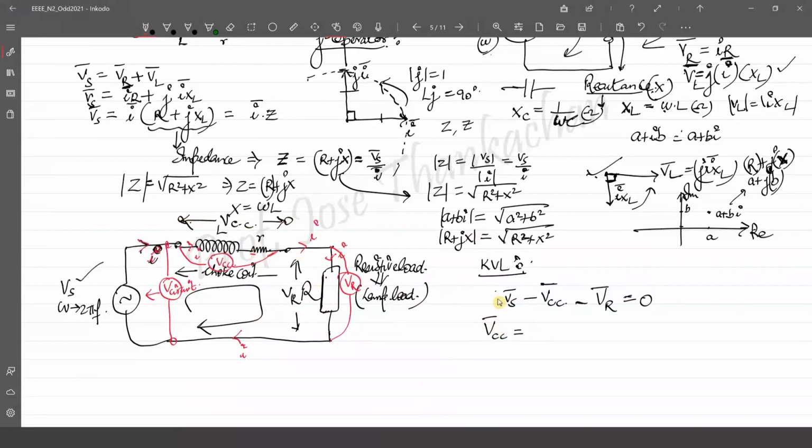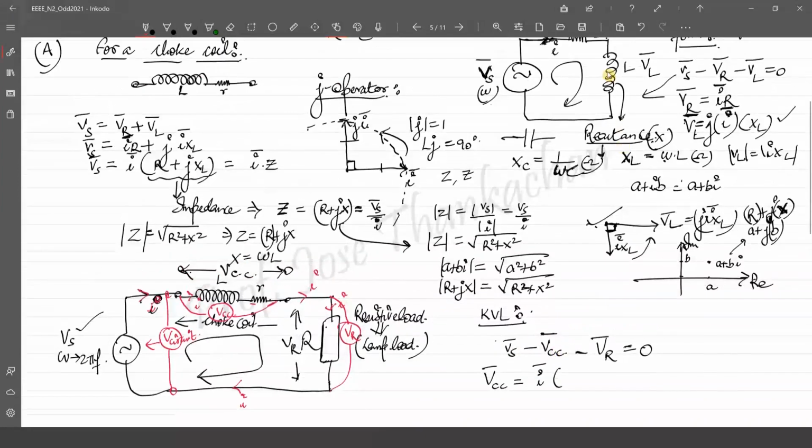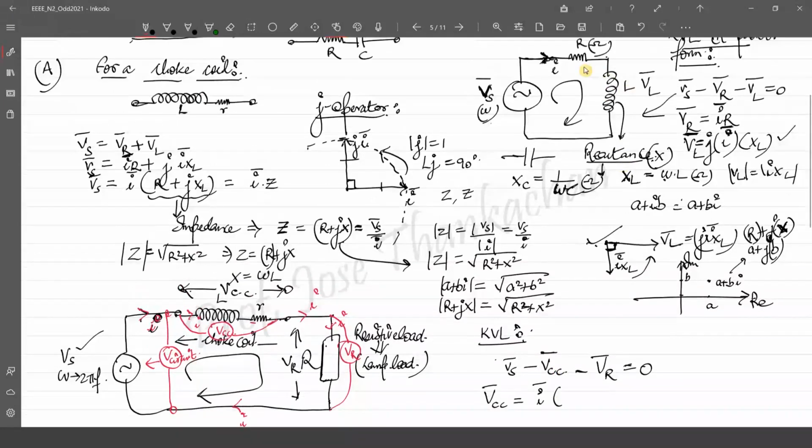So that should be equal to the current flowing through this, multiplied by the opposition offered by the combination of these two, because it has capital L and small r also. We have seen that if there is a resistance and inductor in series, the total opposition offered is called impedance.